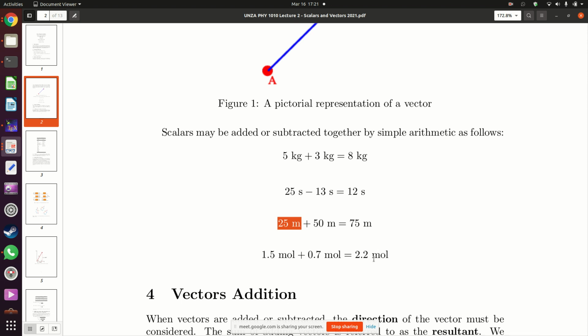Amount of substance, which refers to how many atoms or molecules you have in a particular substance, does not have direction. It's just how many of these things you have. So the point here is, when you're dealing with scalars, you just do simple addition or simple subtraction. Are we clear?